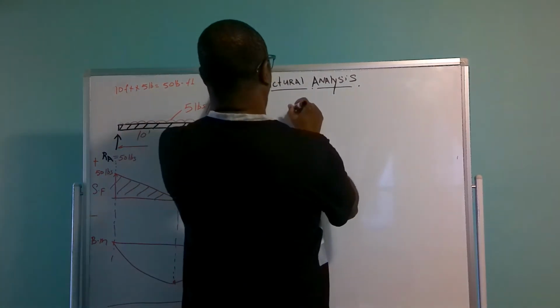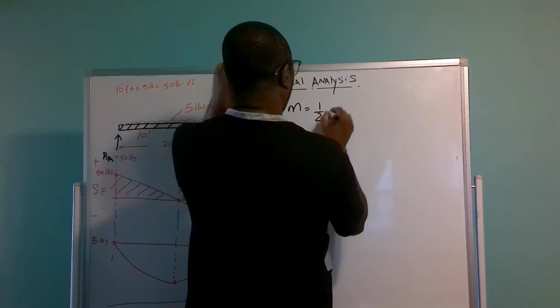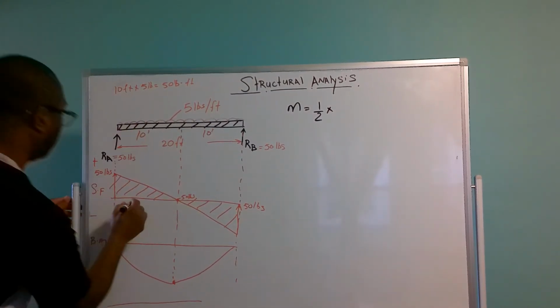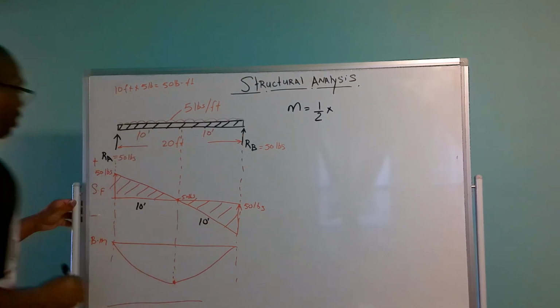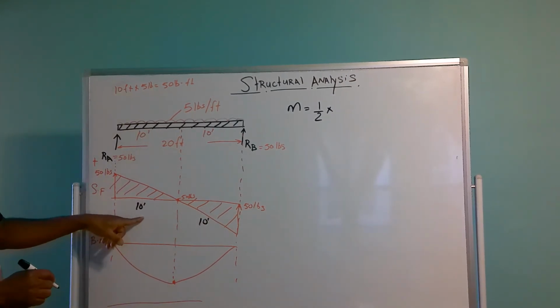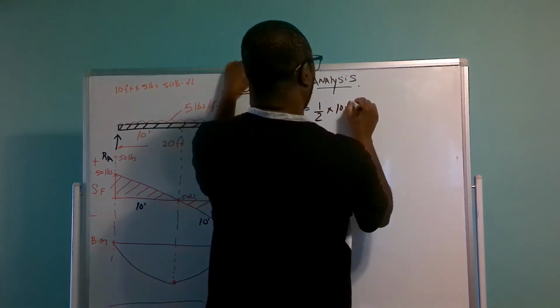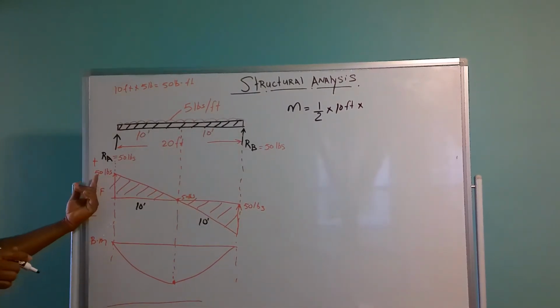So the moment is going to equal a half times the base, and of course this is going to be 10 feet, and this is going to be 10 feet. So the base, which is 10 feet, times the height, which is 50 pounds.